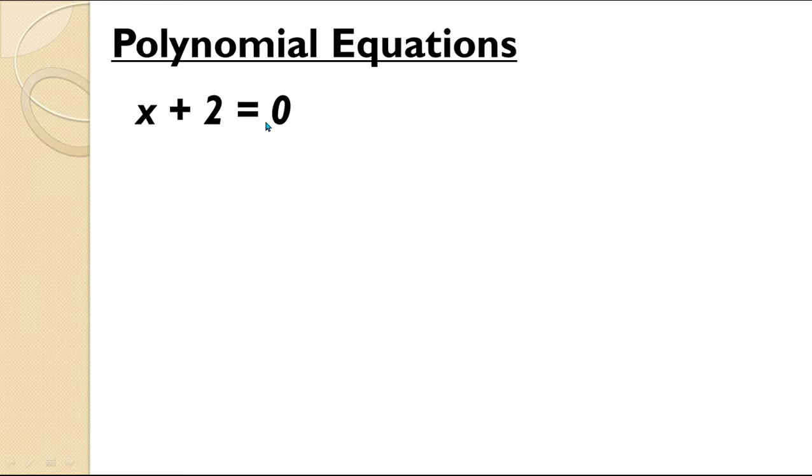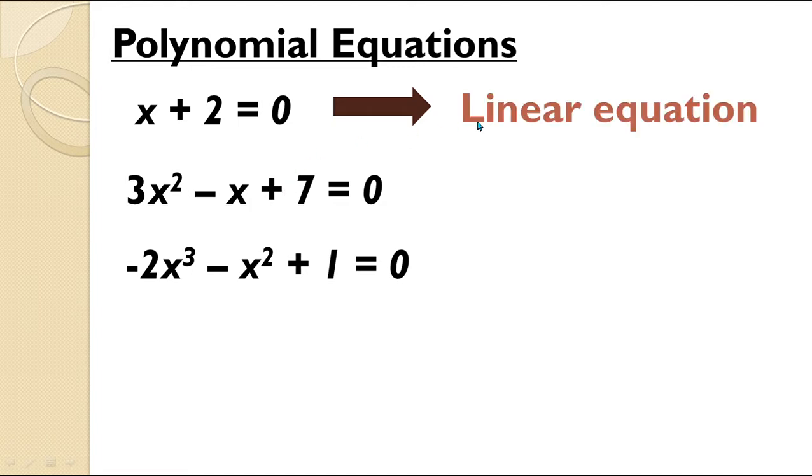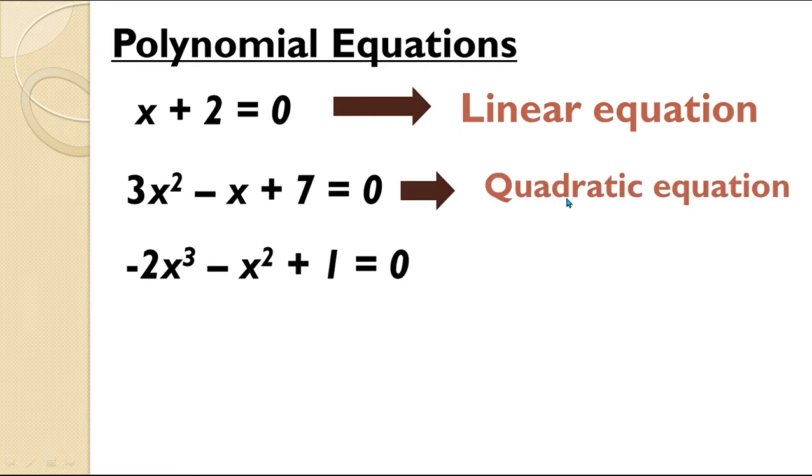In a polynomial equation, we have the following examples. x plus 2 is equal to 0, 3x squared minus x plus 7 equals 0, and negative 2x cubed minus x squared plus 1 is equal to 0. So the first given example, ay tinatawag nating linear equation. The second one is a quadratic equation.